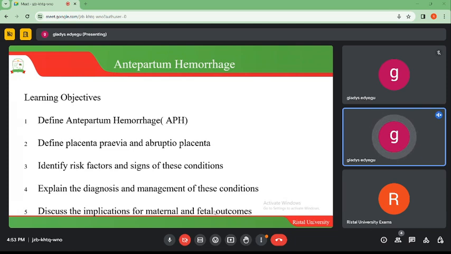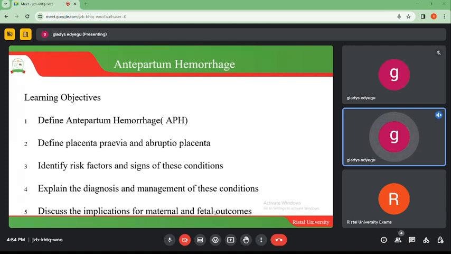Today we are going to handle a topic, antepartum hemorrhage, and this is basically under maternal and newborn nursing too. So we are going to start with our objectives. The learning objectives for today are to define antepartum hemorrhage, which we abbreviate as APH.